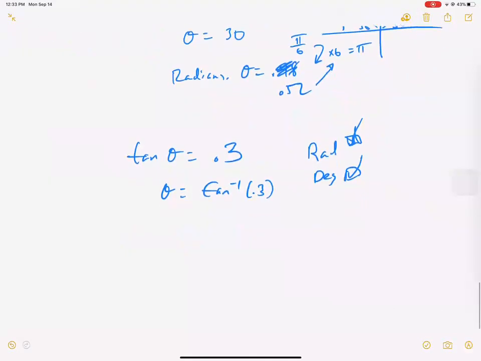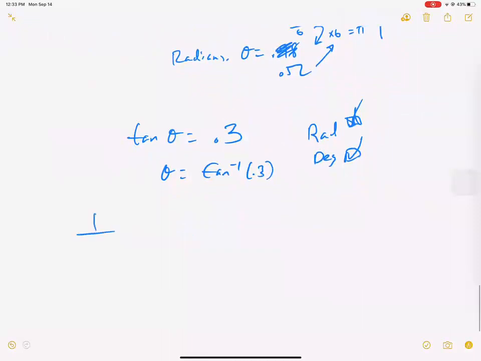Now, the next hard part was this. If I write cosecant of theta is equal to 1.2. Now, cosecant is not in your calculator. It is not in most scientific calculators. Some of you guys have nice fancy ones. Lucky you. But for us, we're going to have to rewrite it.